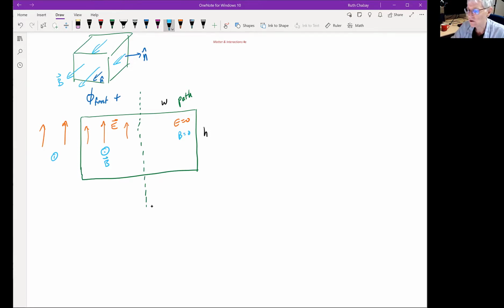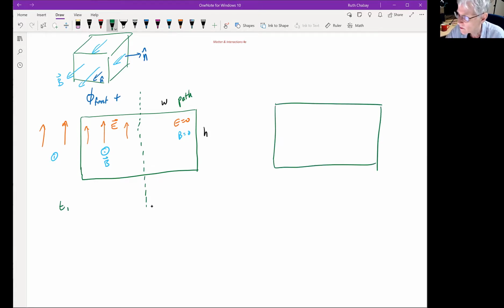Okay, and so we're just going to evaluate the flux. We're going to use Faraday's law to tell us something about electric field in here. And we're going to do it at two different times, time 1 and then time 2 is going to be a little bit later.